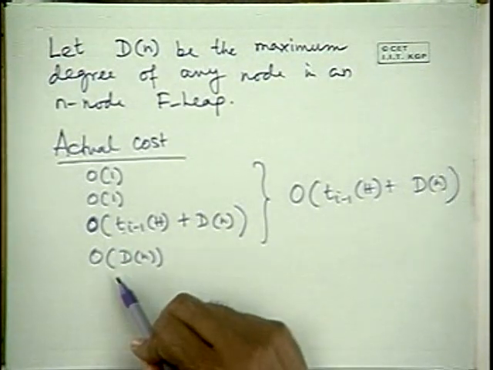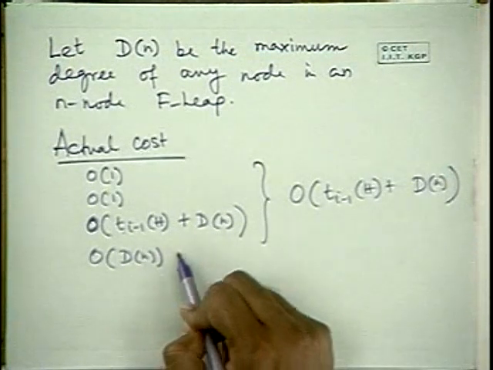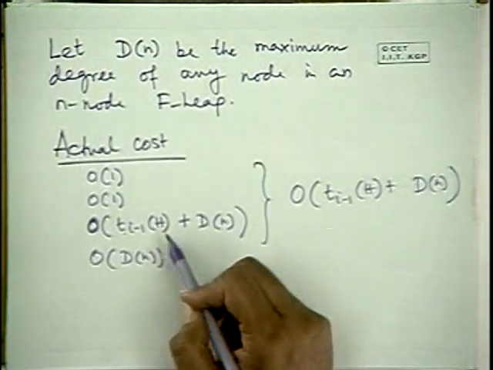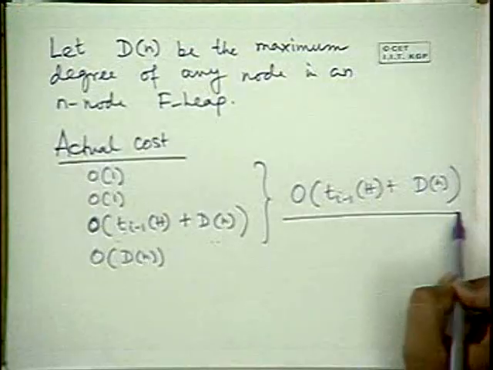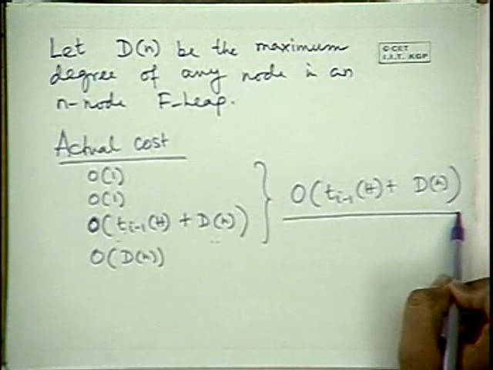Ti minus 1 h plus Dn. And step 3 every time takes one root node and links. Each link is order 1, so it cannot be more than the total number of root nodes it initially had after this merging. So it is Ti minus 1 h plus Dn. The total actual cost is this.